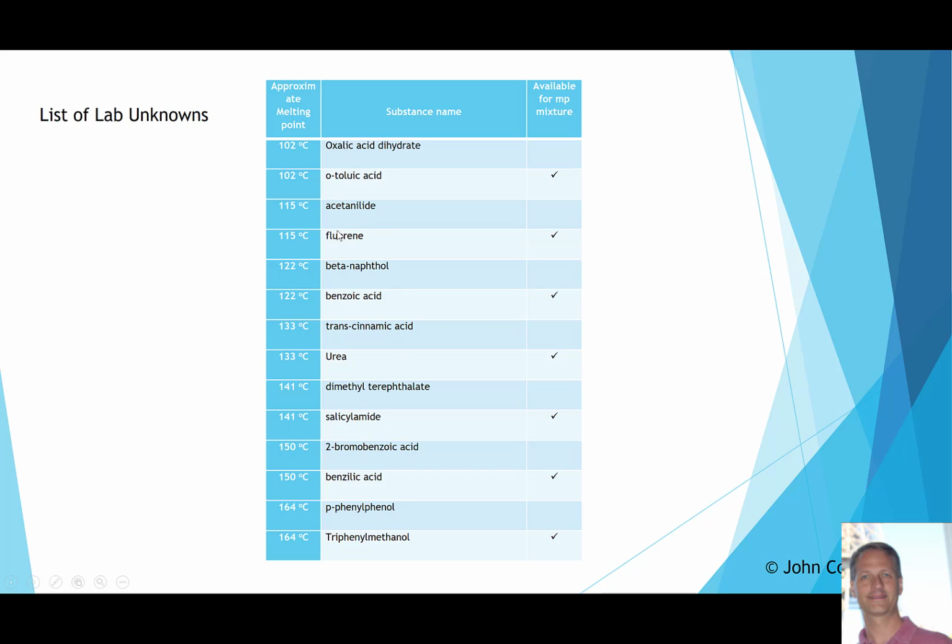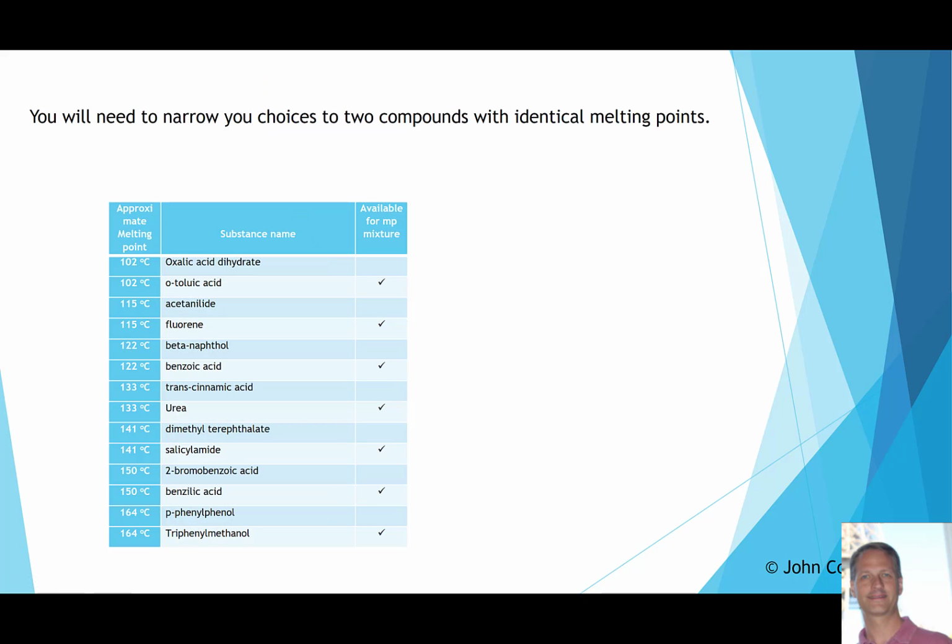So you'll take a melting point quickly to determine roughly what you have. You might get a melting point of 90 to 105, and then you'll take another melting point and get something more accurate. But nevertheless, you'll find that you'll get yourself narrowed down to a group of 2.